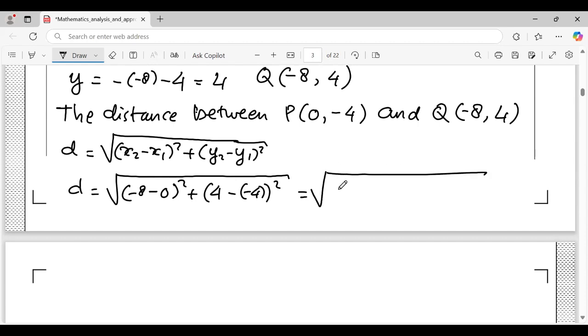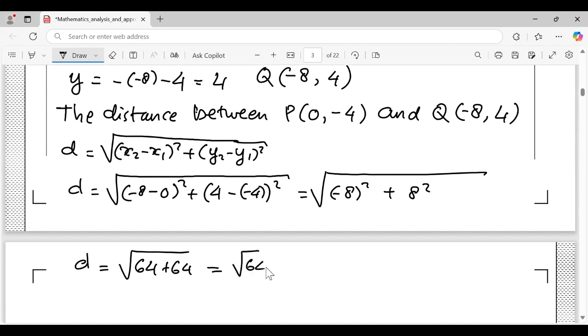This is minus 8 squared, this is 8 squared. So d equals the square root of 64 plus 64, or the square root of 64 times the square root of 2, which is 8 square root 2. So this is the distance between P and Q.